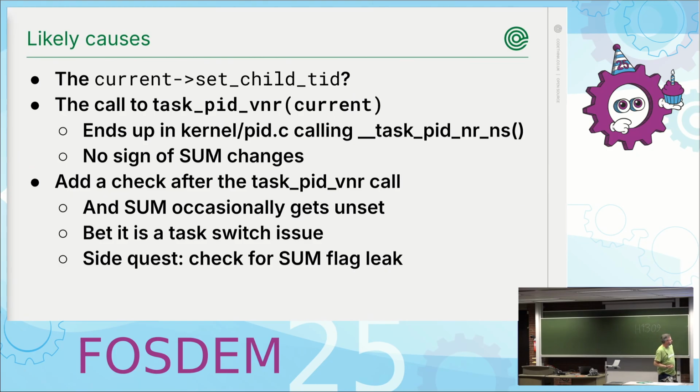Well, the fairly much easiest thing would be just to wrap this call in something that says, on exit to this call, is the SUM flag still set? And you know what? Occasionally, it's not. So what's going on here? Well, we did two things.